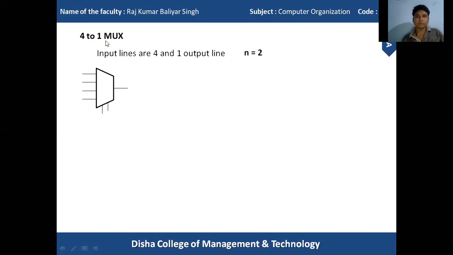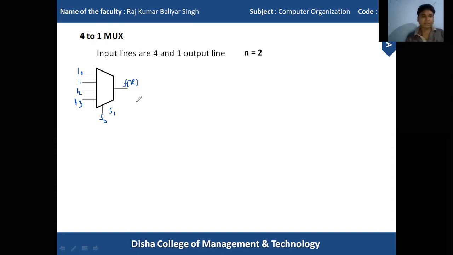We can consider this input line is I0, this is I1, this is I2, and this is I3. The select lines are S0 and S1, and this 4 to 1 mux also produces a single output line, called f of x.